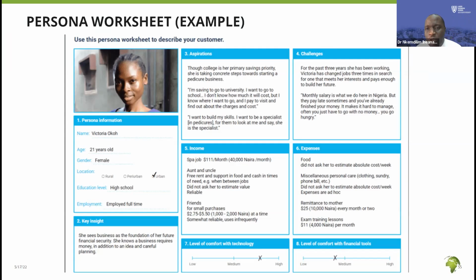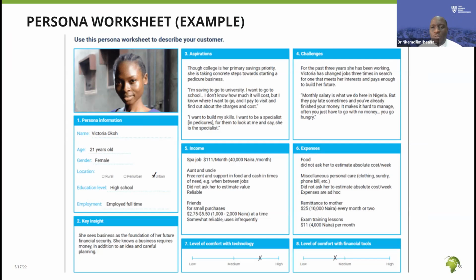She's saving to go to the university and wants to go to school. Of course, she doesn't know how much that will cost, but she knows she wants to go, and she's going to pay a visit to find out costs and charges. However, she wants to build out her skills and become a specialist in pedicure. And she wants to be looked at and told she's a specialist.